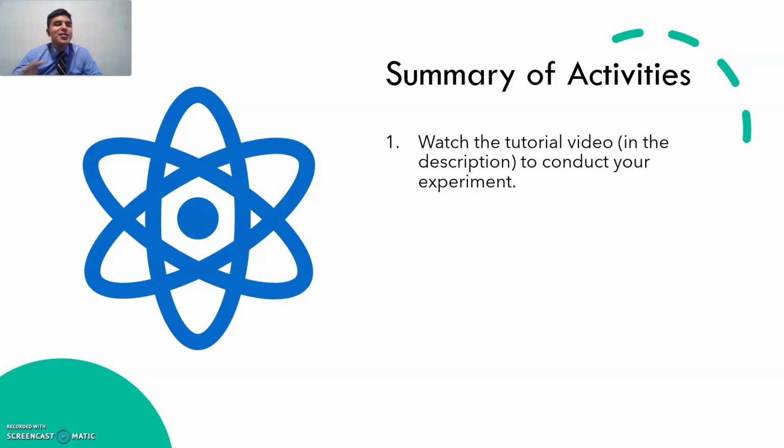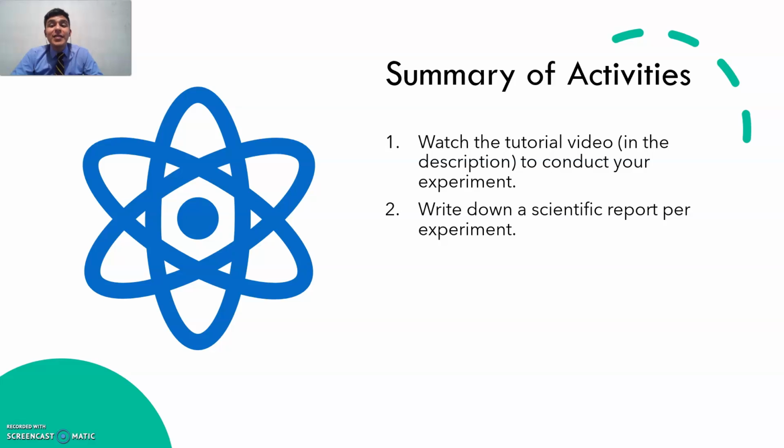So be creative. Not necessarily you have to make your model exactly as it is shown in the video. It can be different. But of course, the most important thing is that you can actually prove your hypothesis through an experiment, okay? So use your imagination, be creative, and of course, definitely use what you have at home. I don't want you to go out and buy materials. That's not necessary. Use what you have at home.